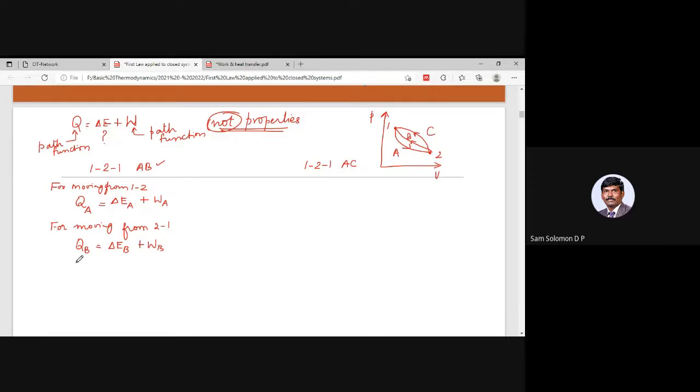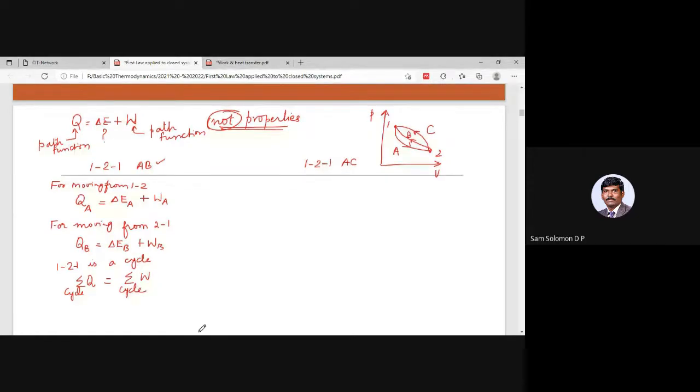Now, 1 to 1 is a cycle. So what does that mean? Summation of Q over the cycle should be equal to summation of W over the cycle. Is that not so? So there is no harm in adding: QA plus QB is equal to WA plus WB. Okay, up to this clear?